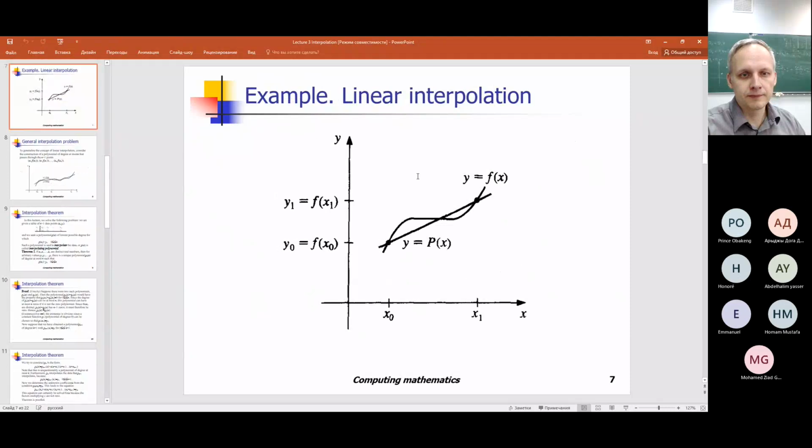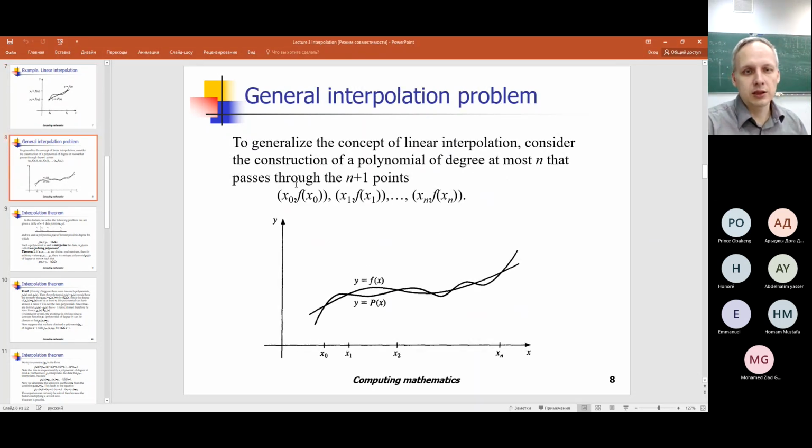This picture corresponds to linear interpolation. A linear function is very easy to find, but in general, the interpolation problem can be formulated as follows. We have n plus 1 points. n can be 2; in this case, we have 3 points.